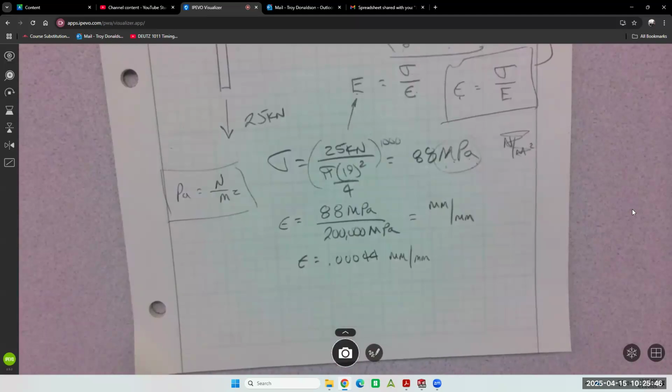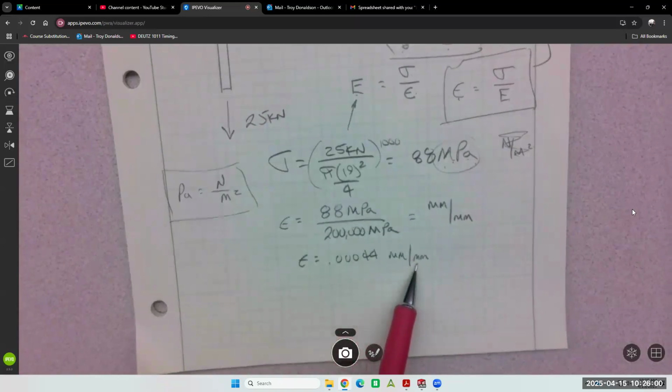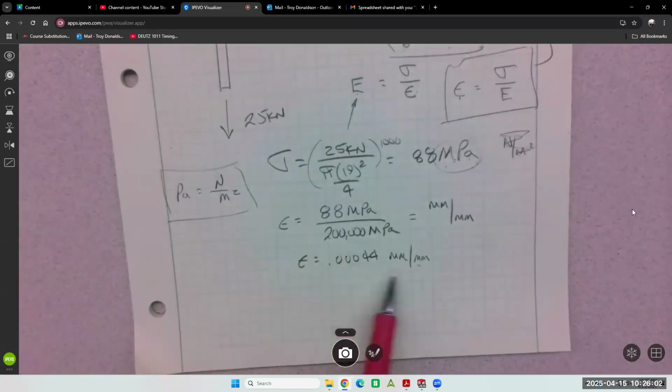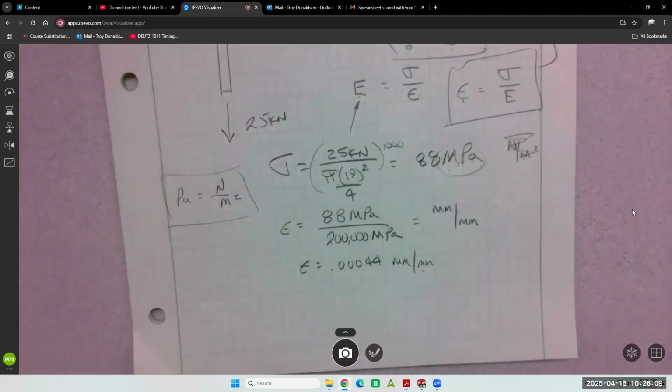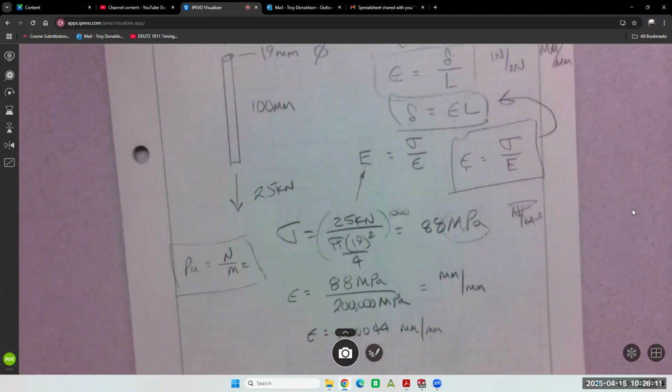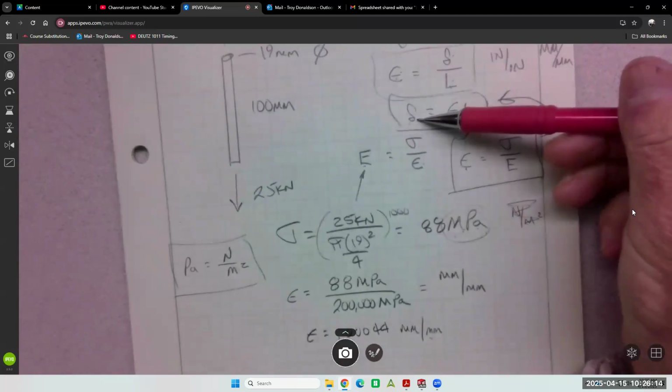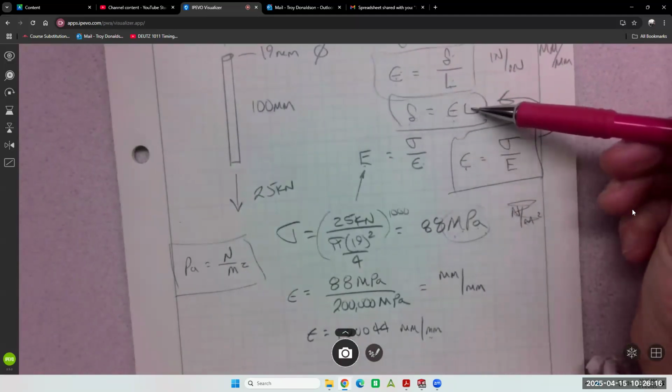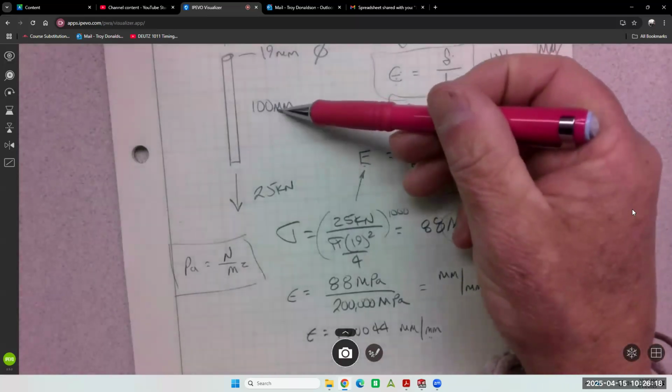So that means in every millimeter, it's changing 4.4 ten thousandths. For every millimeter, it changes per millimeter. Yeah, that's what strain is. It's a weird unit. But we're not going to stop at strain because really what we want is deformation, and that was this. So deformation is the strain times the original length of 100 millimeters.